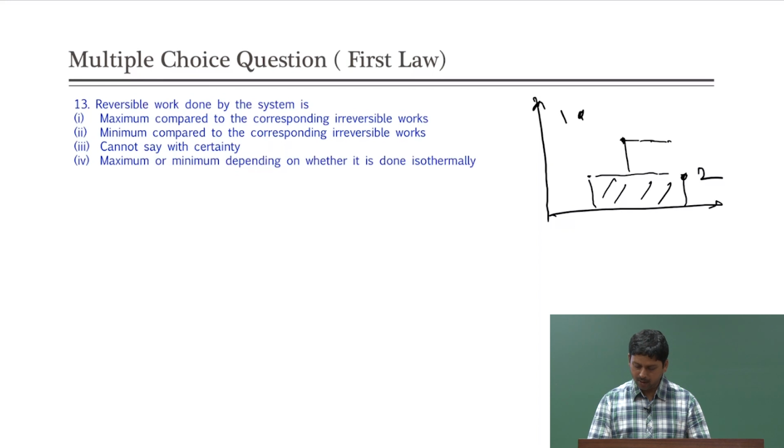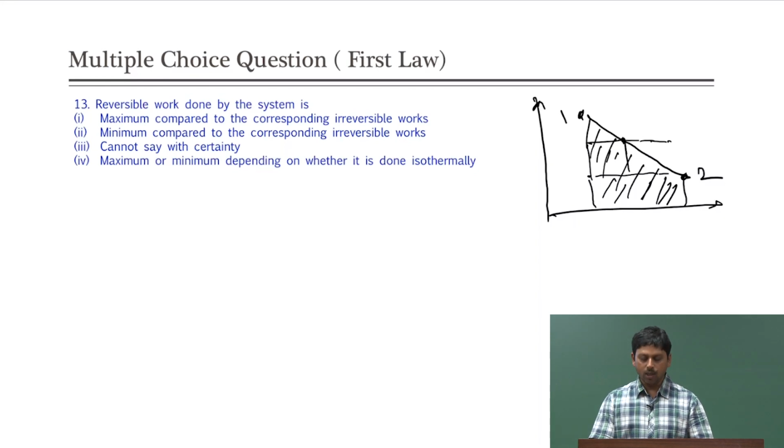And finally, if you do it in a multiple step process, then it will be all the area under the curve. So, therefore, it is maximum compared to the irreversible work.